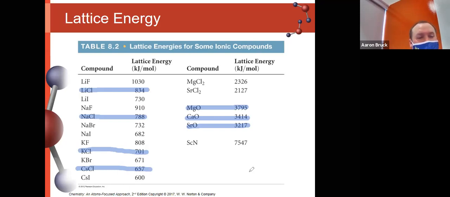But notice the magnitude of charge here. Comparing strontium oxide to strontium chloride, we're seeing a bigger difference. Why? The oxide ion is a -2 charge, the chloride ion is a -1 charge. And it's also smaller.